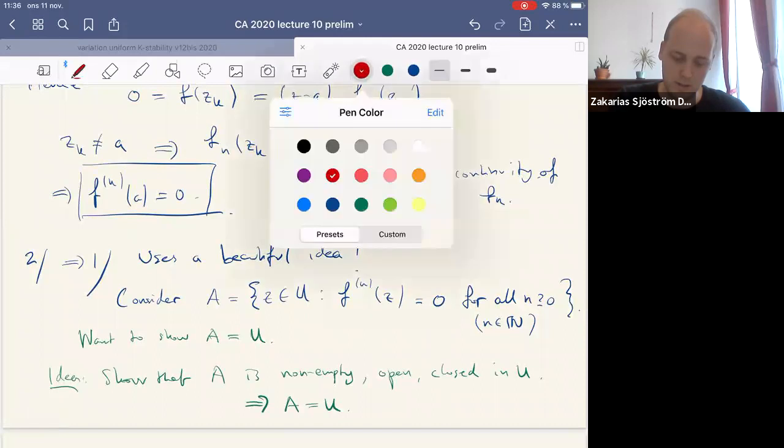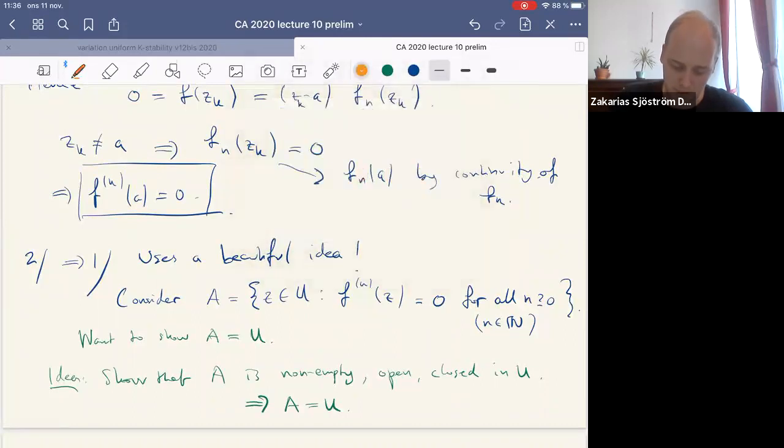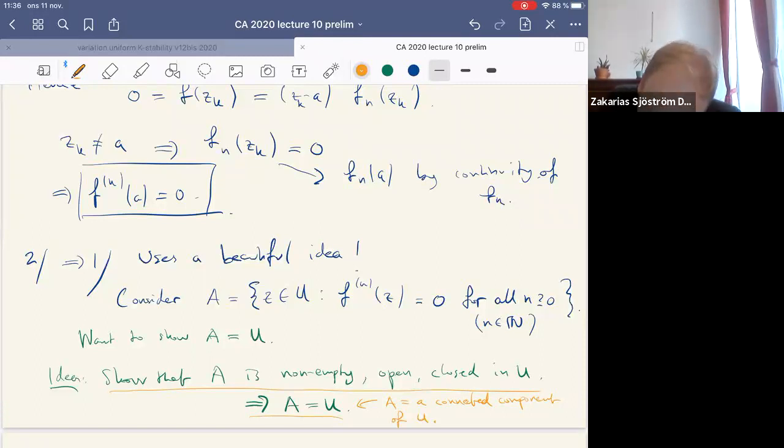Yes, very good question. So we use this condition here. More precisely, this means that A is equal to a connected component of U. This is what topology says.